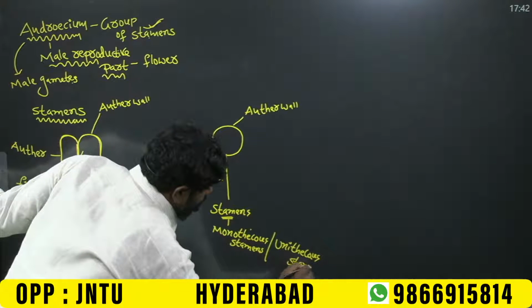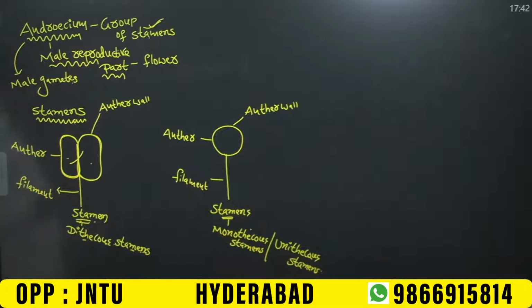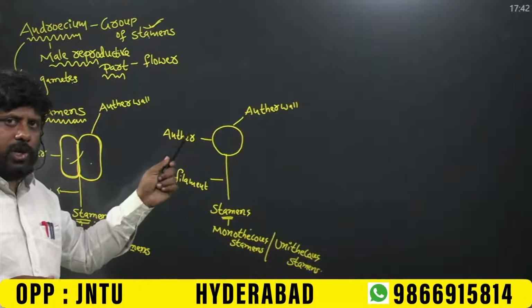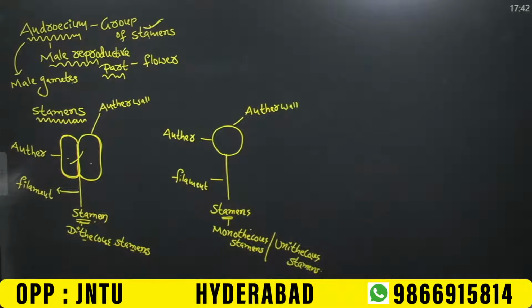In some textbooks and examination papers, unithecous is also mentioned. Mono, uni, both mean one. Here the anther consists of two lobes or two thecas, so it is dithecous.